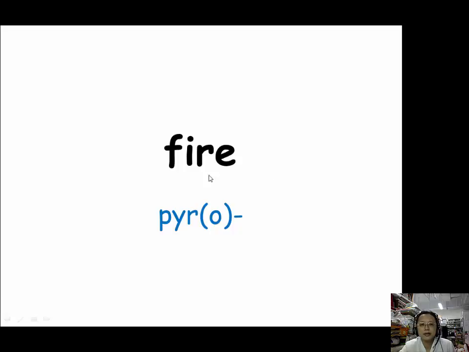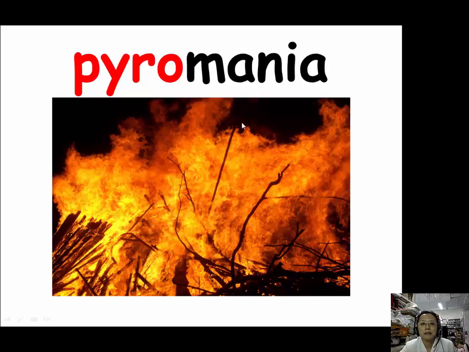For fire, we could use this prefix pyro. Our example is pyromania. Pyromania is an impulse control disorder characterized by the compulsion to set or watch fires in the absence of monetary or other gain, the act being preceded by tension or arousal and resulting in pleasure or relief.